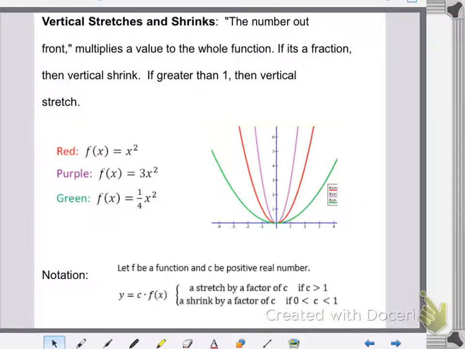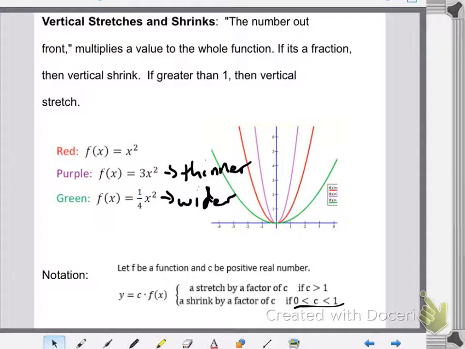The vertical stretches and shrinks. Guys, it's real simple. If you have a number out in front of x squared, if that number is bigger than 1, as you can see, this graph is thinner. If the number in front of x squared is between 0 and 1, so it's a half, a fourth, 2/3, stuff like that, your graph is going to be wider.